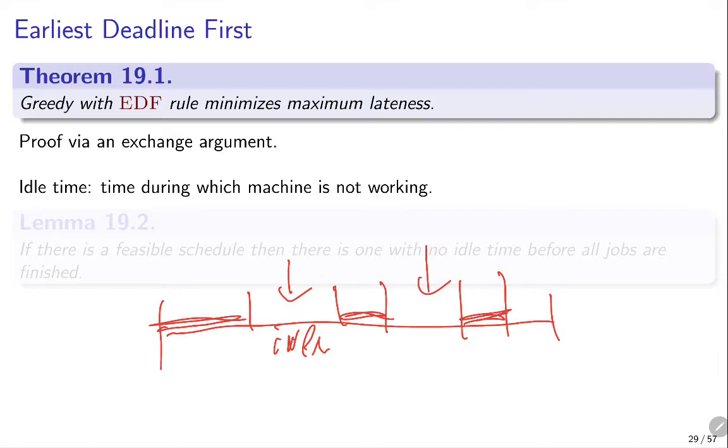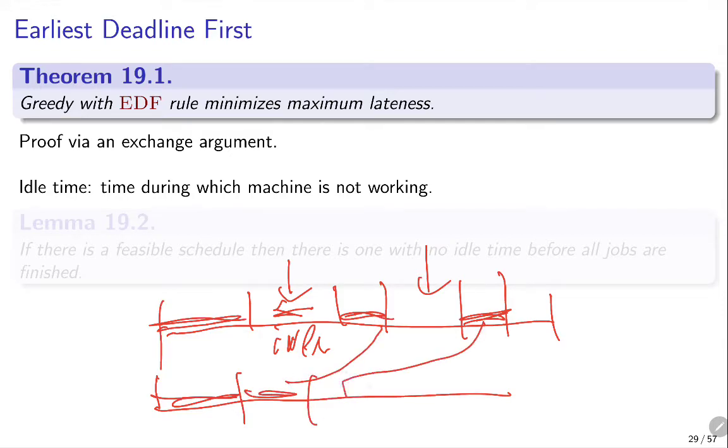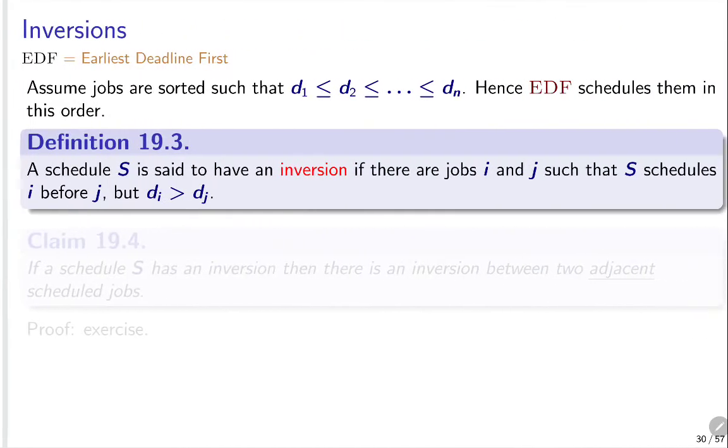So clearly, if we have a schedule that is minimizing lateness, we will get an even better schedule, or no worse schedule, if we bunch all the jobs together and just do them one after the other, right? So this is this, this is this, and this is this. So this is equivalently good, and it's much more compact. So we can assume that there is no idle time.